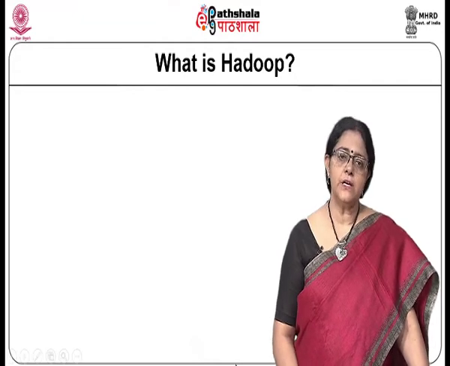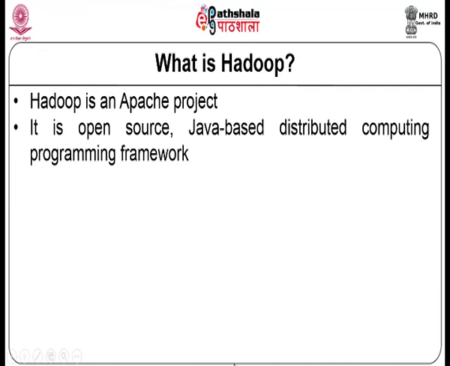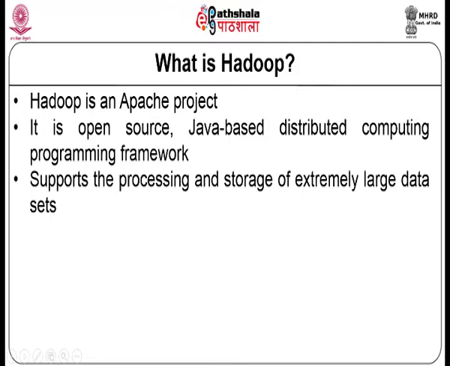So, let us look at what Hadoop is. Hadoop is an Apache project actually. It is an open source Java based distributed computing programming framework, and it supports a very large amount of data that can be processed or churned by using only commodity hardware. So, Hadoop has two parts.